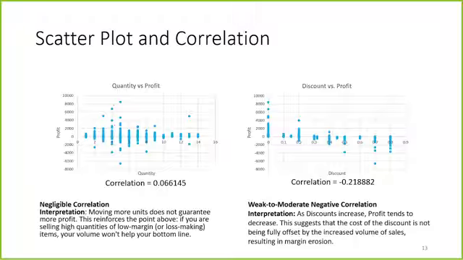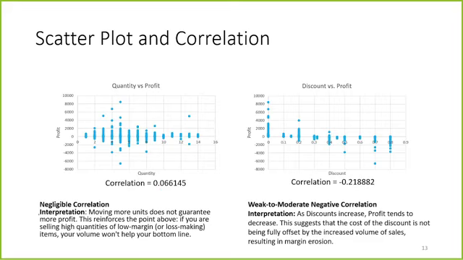A small quantity can give you a higher profit, or a very low loss, or a higher loss. It could go two ways, right? So that goes along with a correlation coefficient that's close to 0.